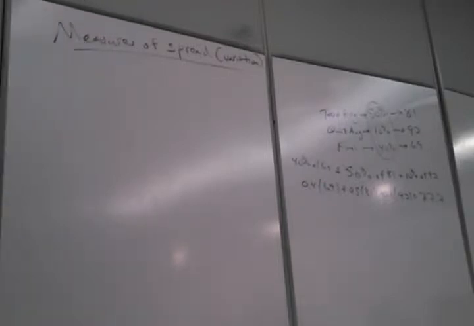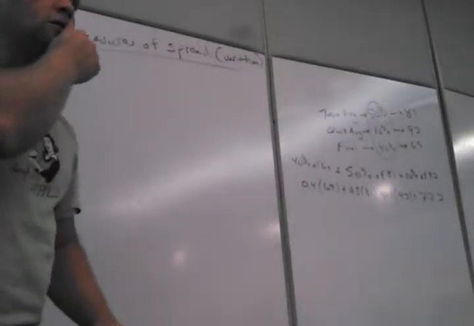If I had 500 data points, I don't want to continuously give all 500 data points to every person that I'm going to talk to. I want to summarize that for people. Five numbers is one way to do it.